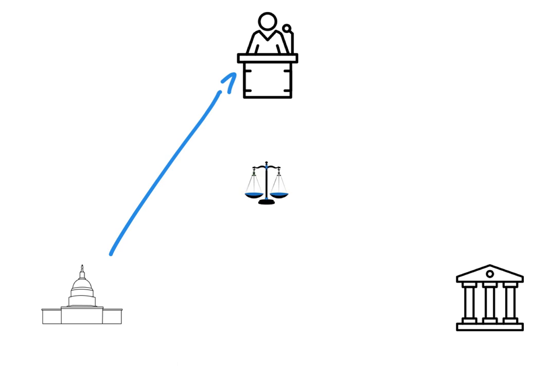Now, first of all, we could look at how congressional amendments have been used to overturn Supreme Court decisions.